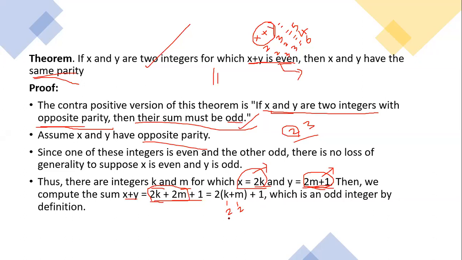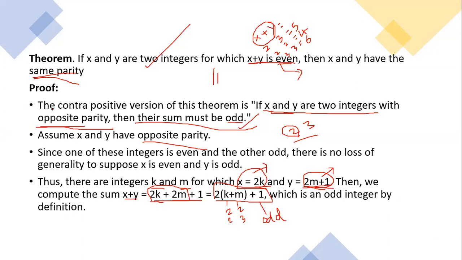If I'm taking another one as 2, another one as 3, one odd number, one even number, so 5 into 2, 10 plus 1, 11. So if we execute with any numbers, it definitely will give the odd value.